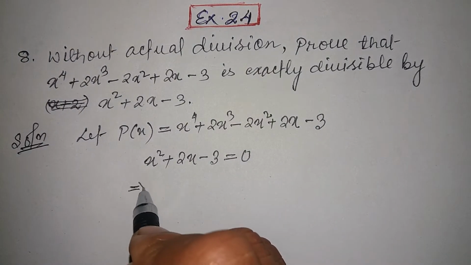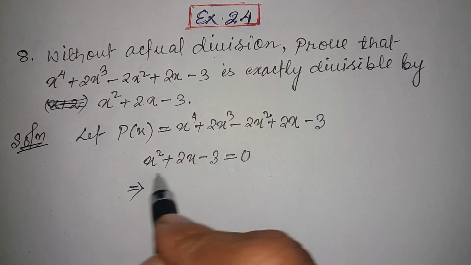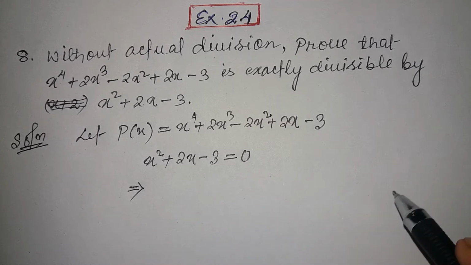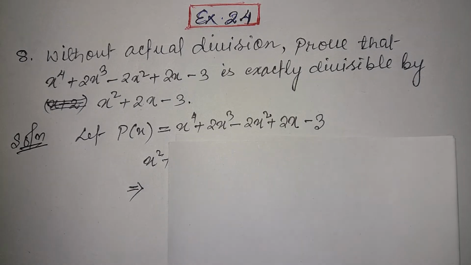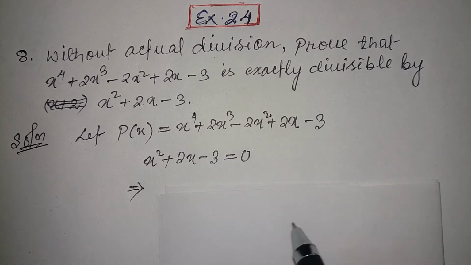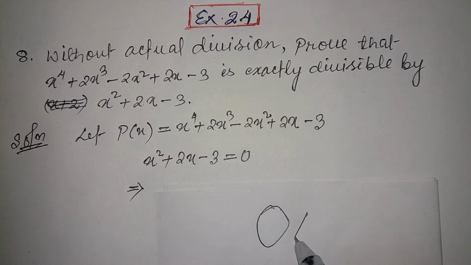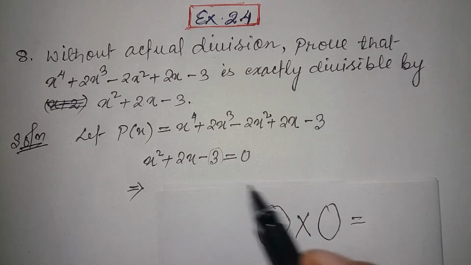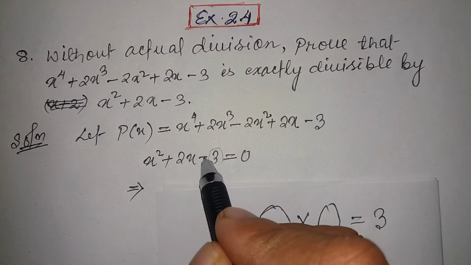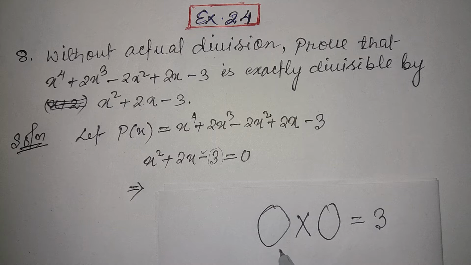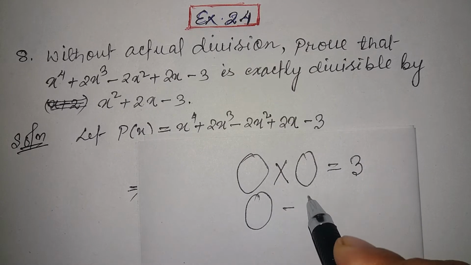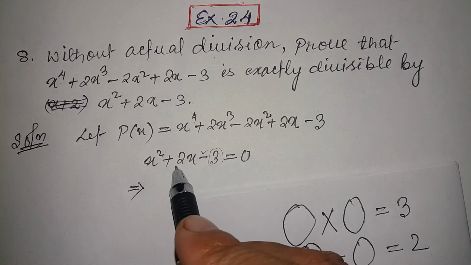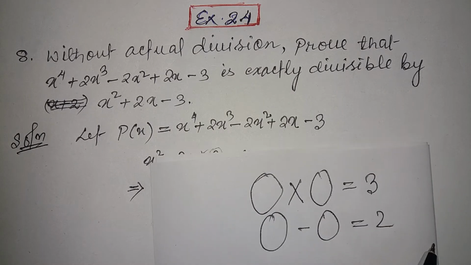Now what we're going to do is factorize this using the splitting the middle term method. So now we have to find two numbers such that when you multiply you should get 3, and when you subtract you should get 2, the coefficient of x.